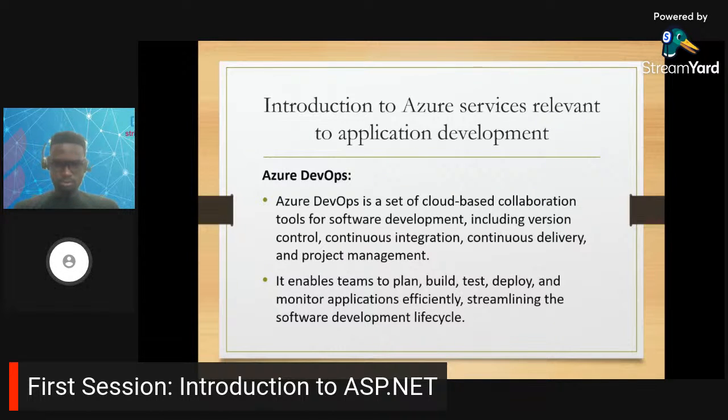Azure DevOps is a collection of tools you can use to manage your software development life cycle. So you have everything in one platform. It enables you to plan, build, test, deploy, and monitor applications efficiently, streamlining the software development lifecycle.